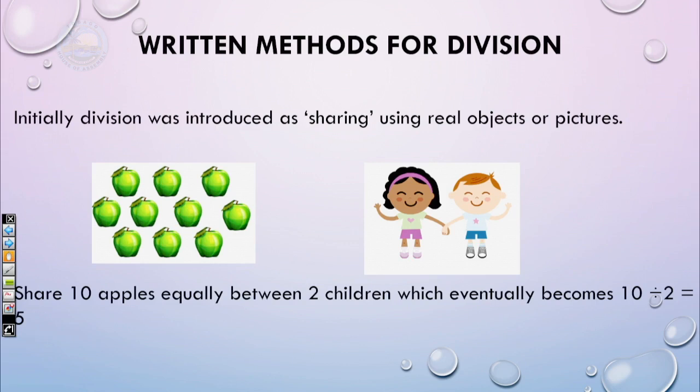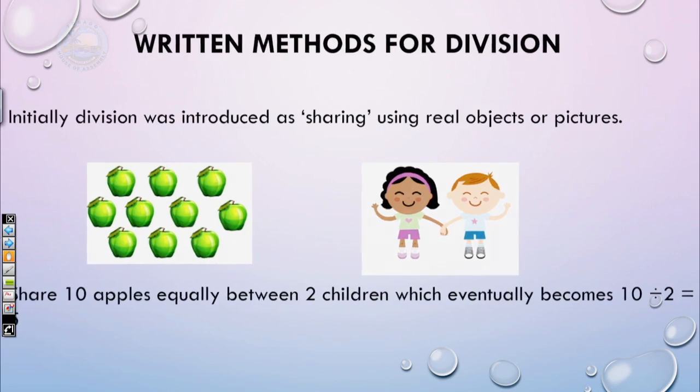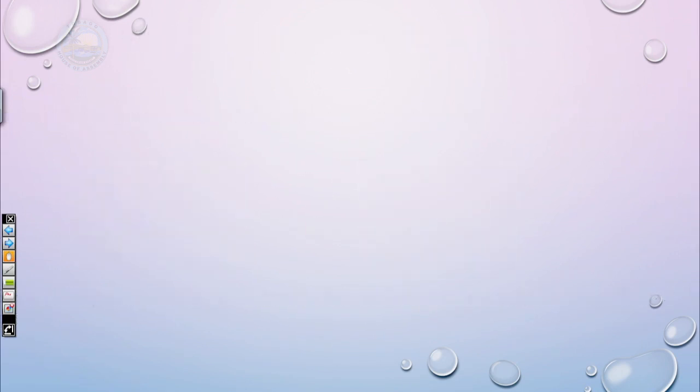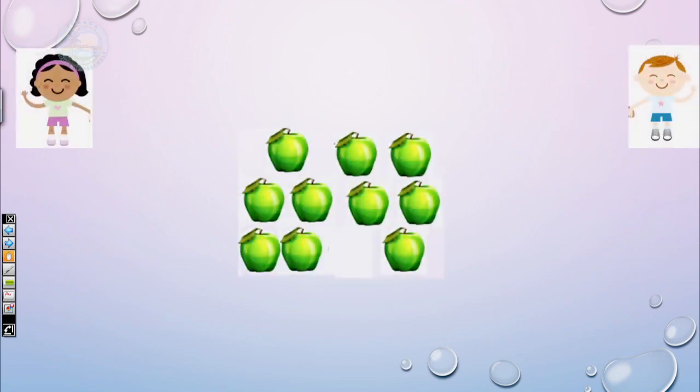Let's see how this is done. So you have 1 child here, 1 child here, a girl and a boy, and we have the 10 apples. Let's count again. 1, 2, 3, 4, 5, 6, 7, 8, 9, 10.